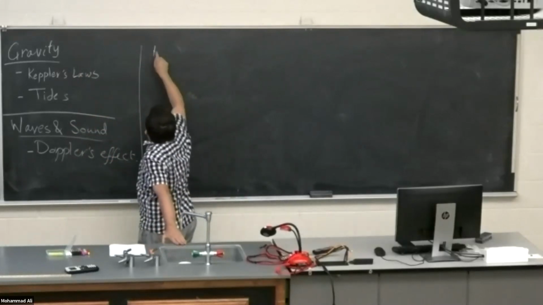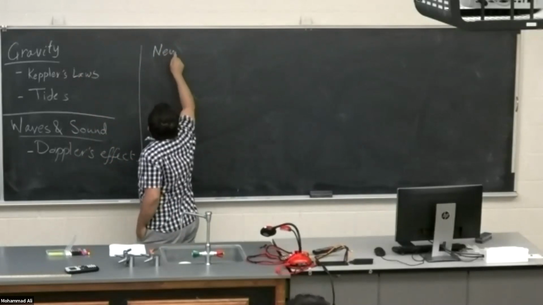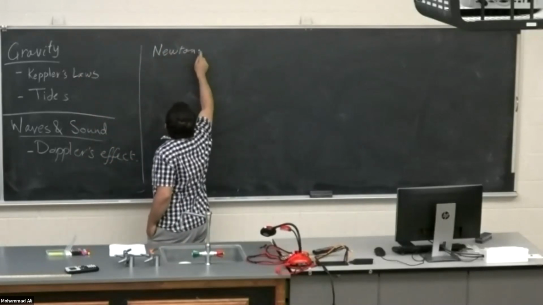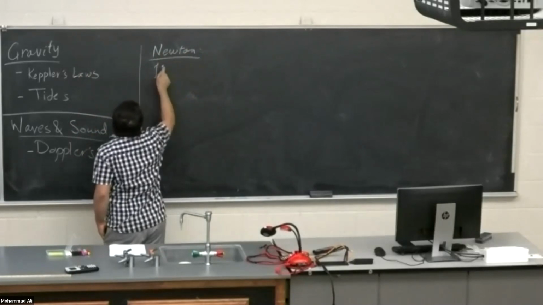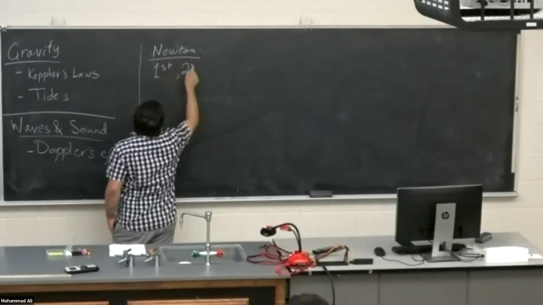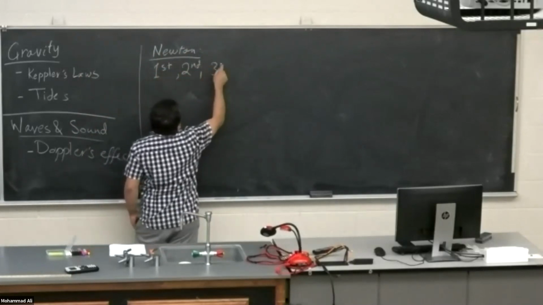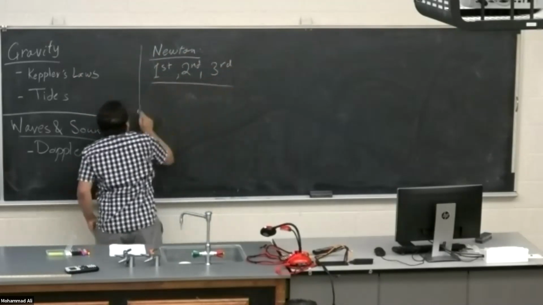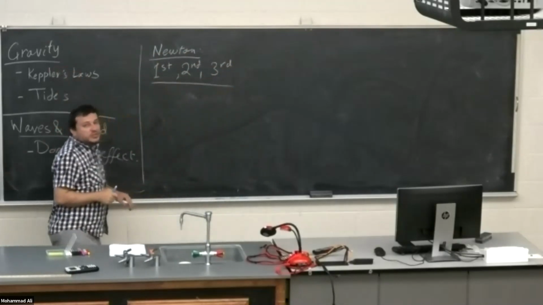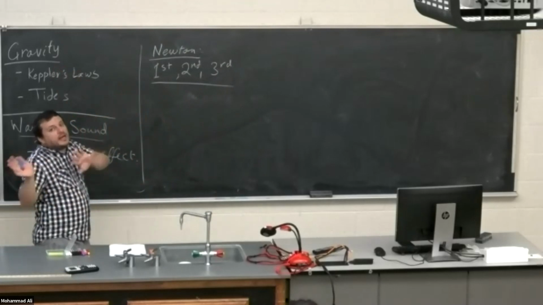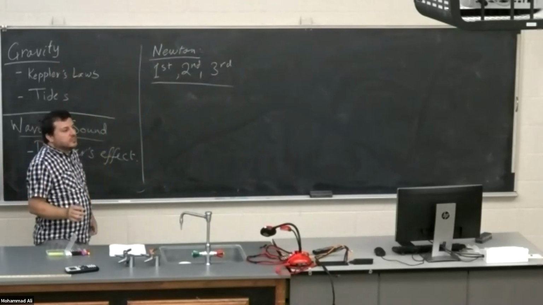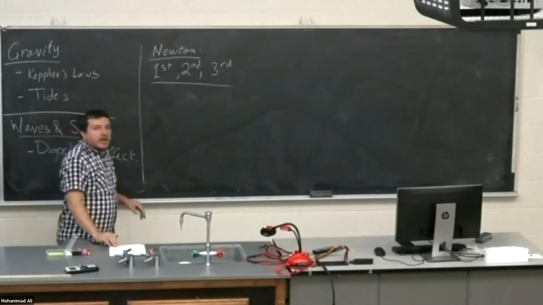As we know by Newton, we have the first, second, and the third law. Also, we have the law of gravity. All of them in nature, they have their nature properties, and they are nature laws.